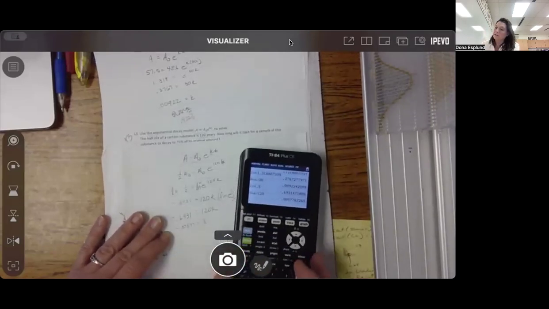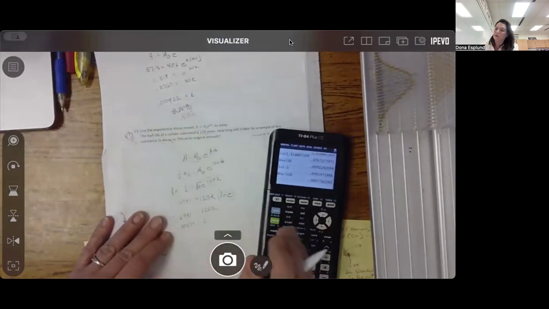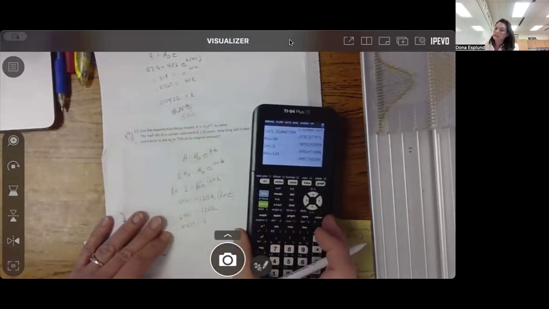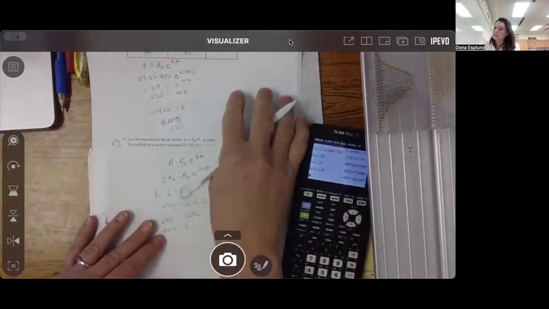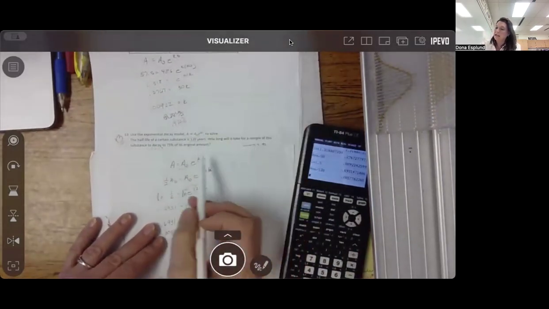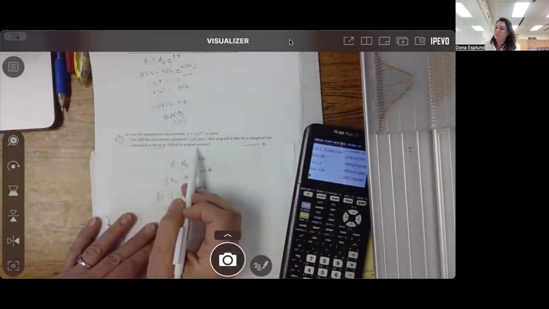After I get that one, they want to know the second part, and this is why I let this one be worth another point, because I need to substitute it back in. They want to know how long the substance takes to decay until I get 75% of the original amount.